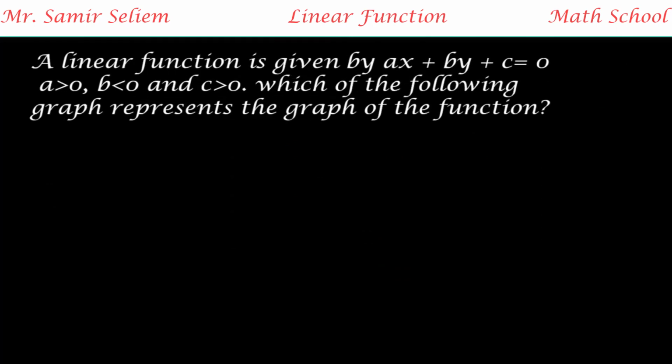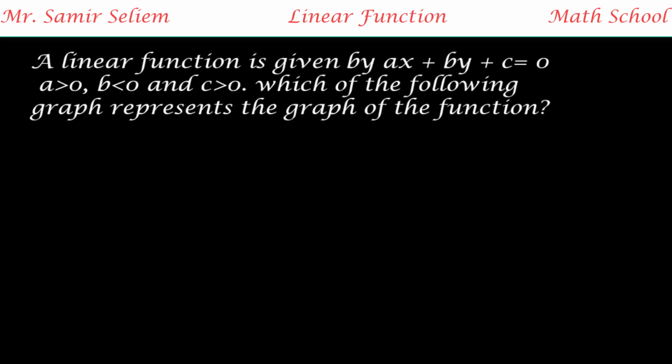Let's have an example. A linear function is given by ax plus by plus c equals 0. He gives us here the general form of the linear function, but the general form has conditions.